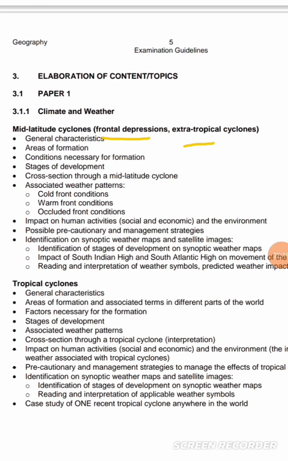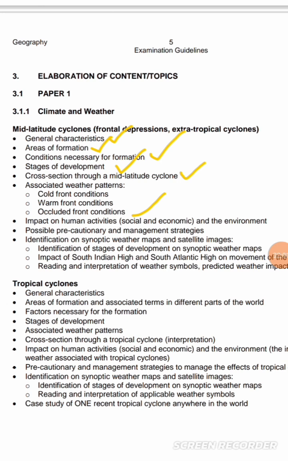So we need to know the general characteristics of the mid-latitude cyclone, the area of formation, conditions necessary for the formation, stages of development, the cross section, and weather patterns associated with mid-latitude cyclones, which are cold front, warm front and occluded front conditions.